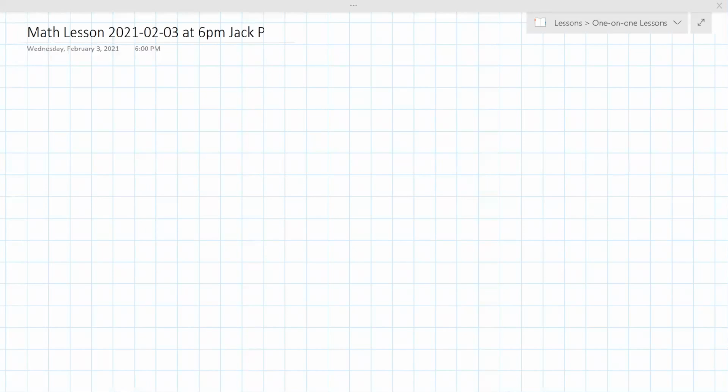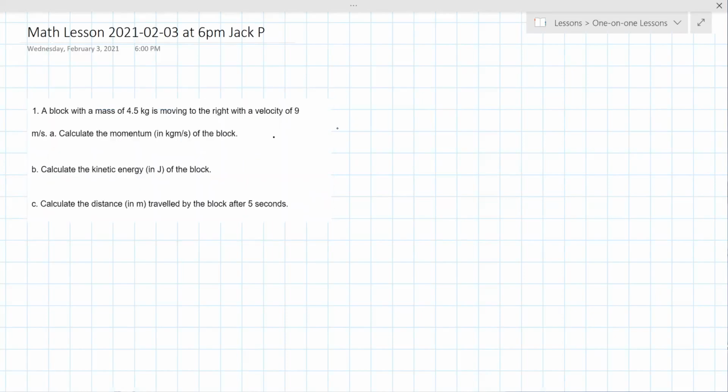We get started. This is a block with mass m moving to the right with a velocity of 9 meters per second. Let's calculate its momentum. Okay, so part A, got a block, it's moving to the right. Its momentum P is mass times velocity.